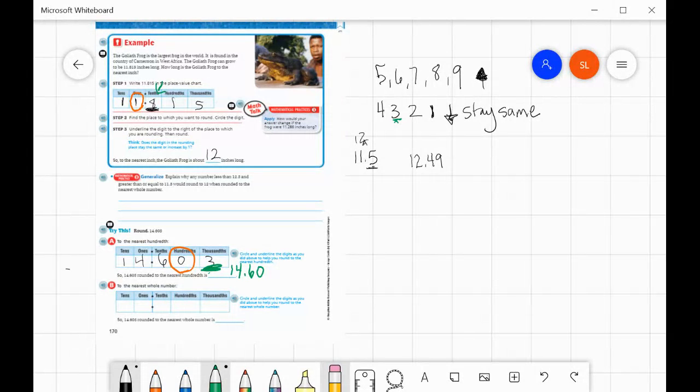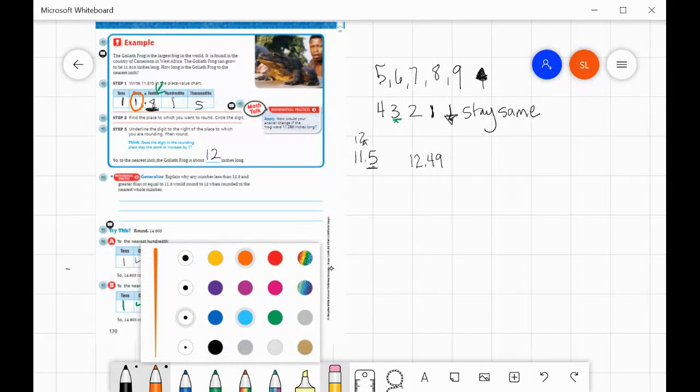And then the next one, we're going to round to the nearest whole number. The same number, but to the whole number. 14.603. And if we're rounding to the nearest whole number, that means that we're going to round to the nearest 1.